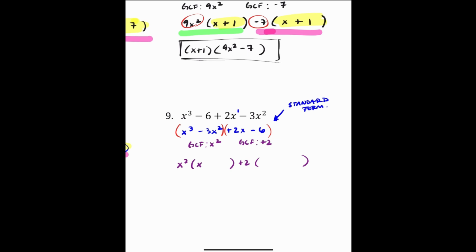That's x. X squared times what gives you negative 3x squared? That is negative 3. And looking at the last terms here, positive 2 times what gives you 2x? That's x. And positive 2 times what gives you negative 6? That is negative 3.